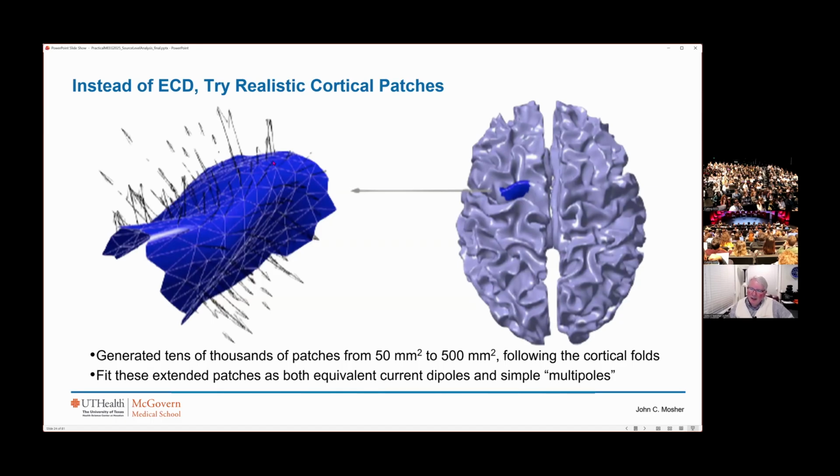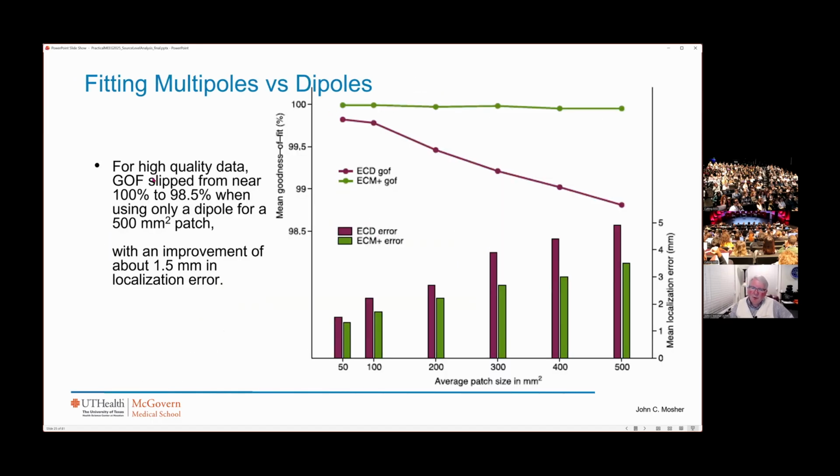Put all those little current dipoles on there, and then fit these extended patches as both an equivalent current dipole and this newfangled dipole plus quadrupole we call a simple multipole. And what we found is with high quality data, so we're putting in very little noise, the goodness of fit slipped from near 100% for this abstract idea of a multipole to just 99% for a dipole, all the way up to 500 square millimeters. Now, if you do real dipole fitting and real modeling, we don't see 1% differences in goodness of fit.